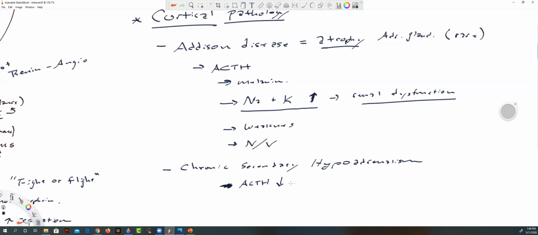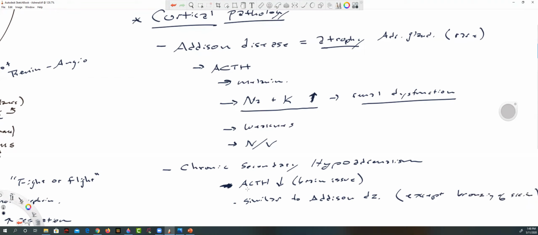So let's just say brain issue. But then the other causes, it's similar to Addison disease, except bronzing of skin.